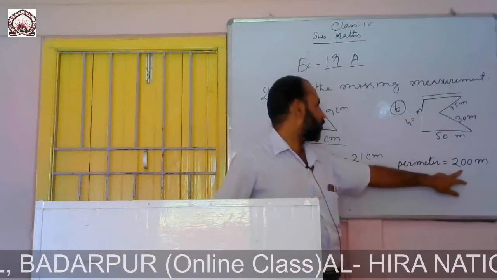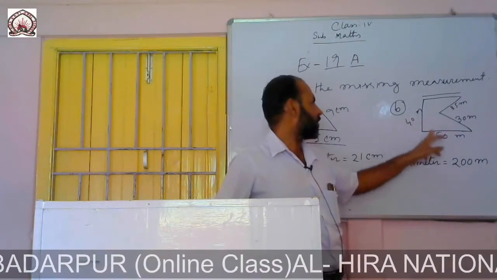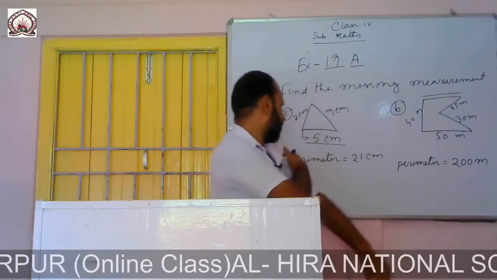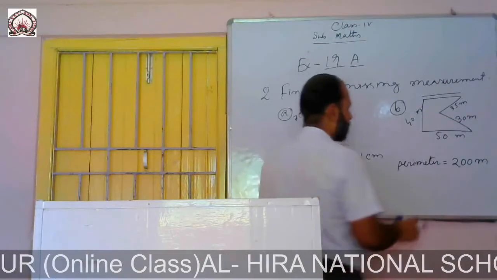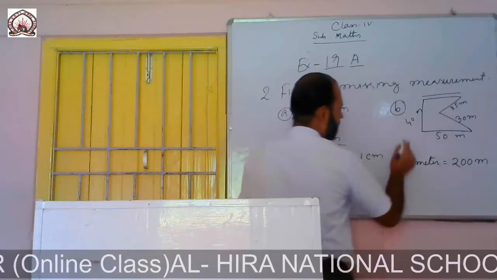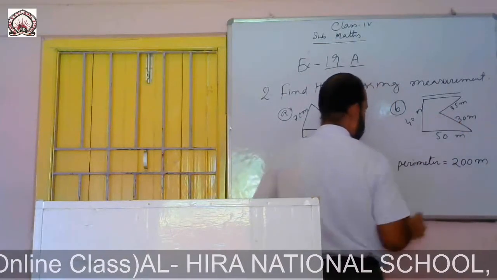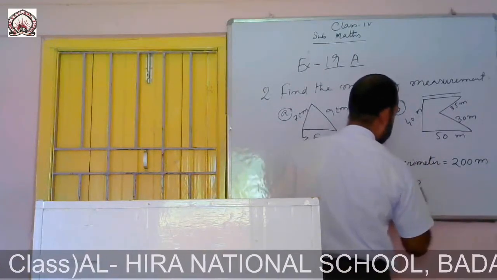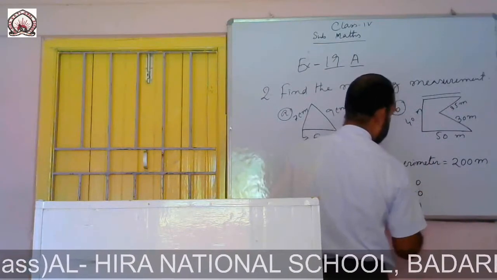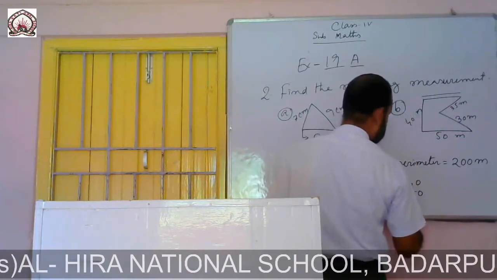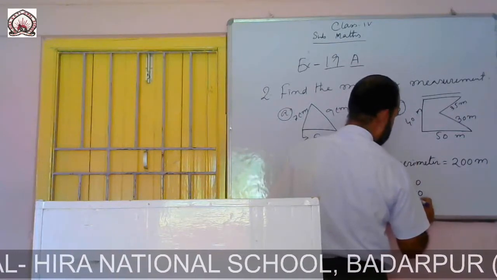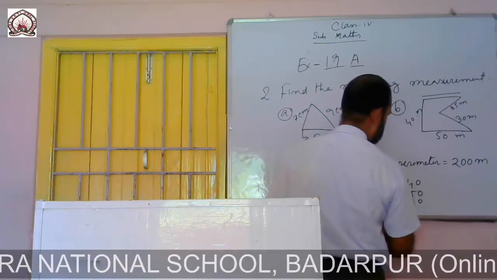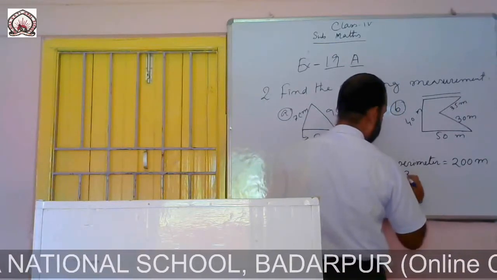So here perimeter equal to 200 meter, and 4 sides are given, and one side we have to find out. So first we add these four sides, 40 plus 50 plus 30 plus 35.